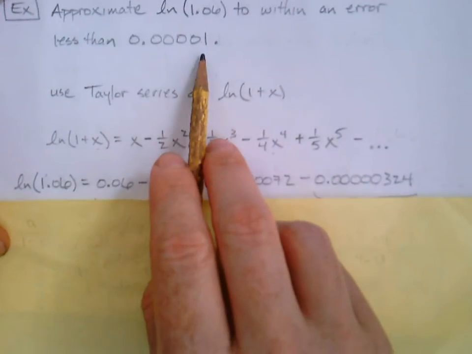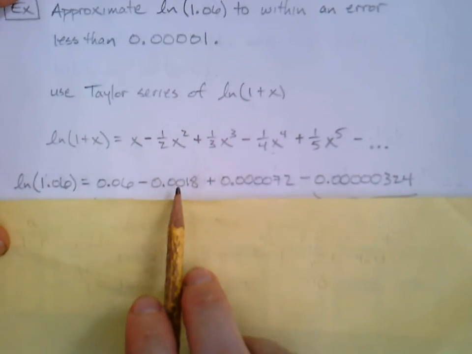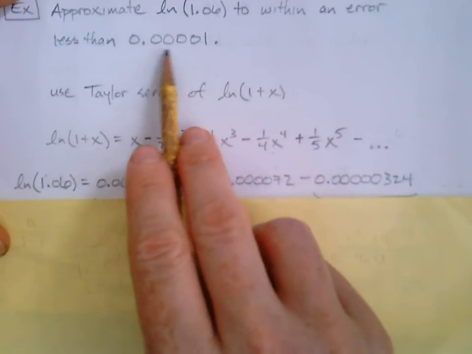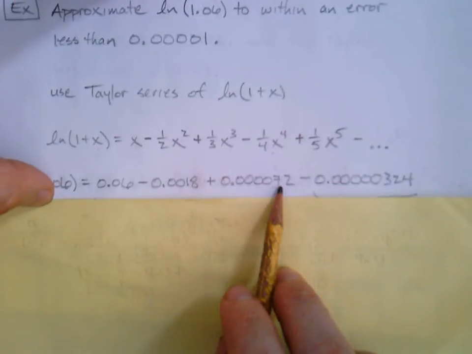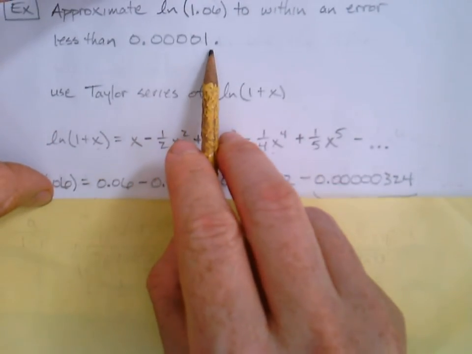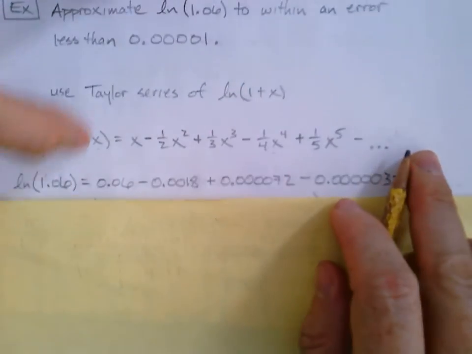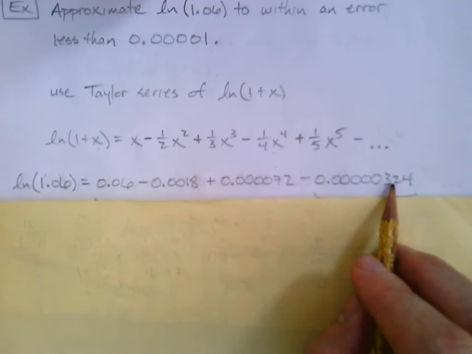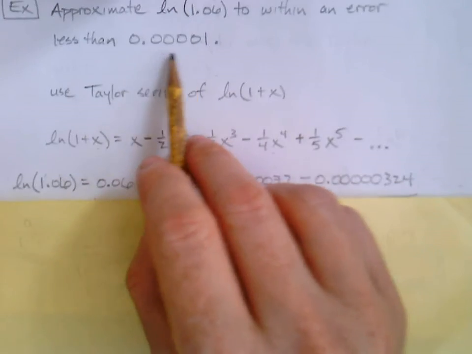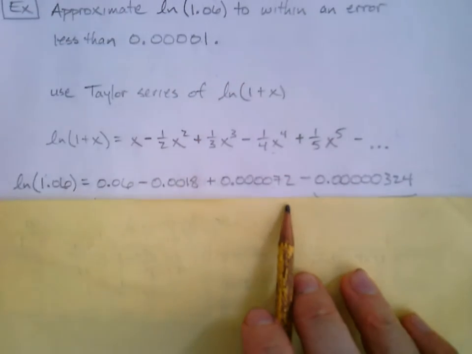Okay, well, that's not below this number. Plugging in here, well, that's still not below this number. The third term, ooh, it's getting close. 0.000072. We have 0.00001. The next one does it. 0.0000324, and that is smaller than what our error needs to be.